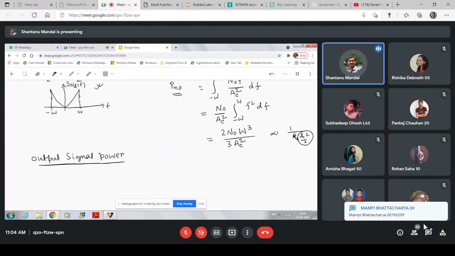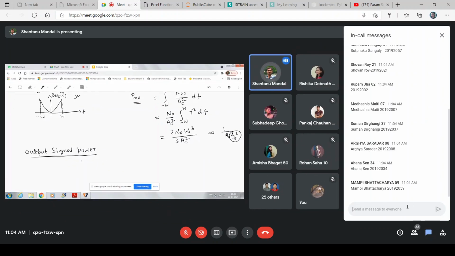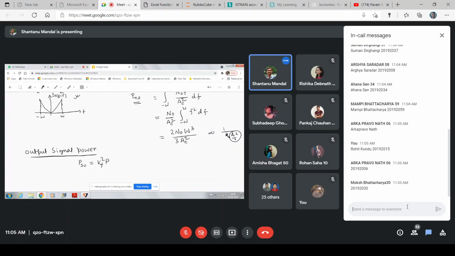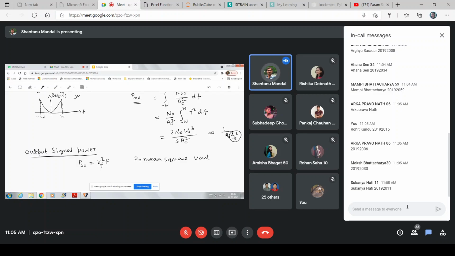Next we have to write down the output signal power. The output signal power P of SO is equal to Kf square into P, where P is the mean square value of the message signal m(t).